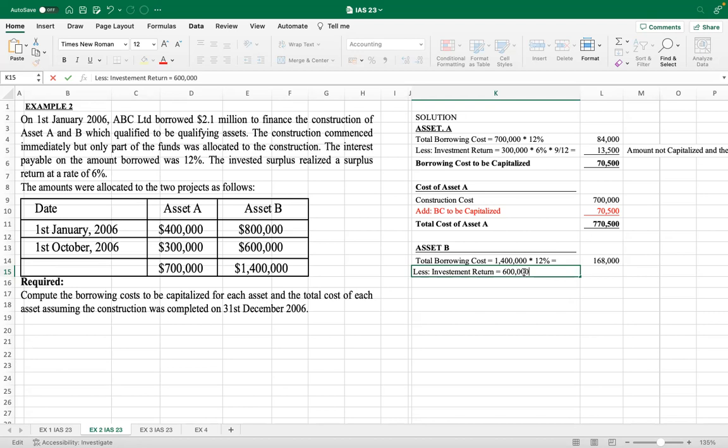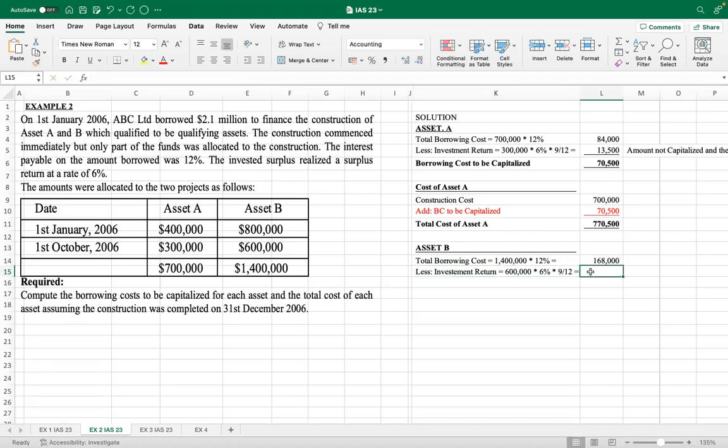So it is 600,000 times 6% times 9/12. Thank you for the response. So what will we have here? We have clearly said it's 600,000 times 6% is the rate of return times 9 divided by 12. So it gives us 27,000.